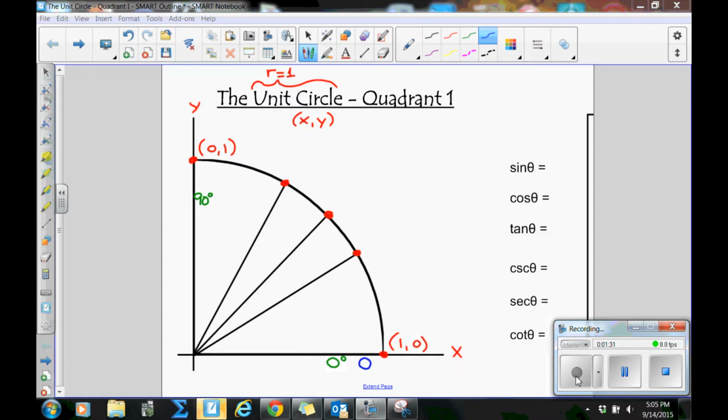A quarter of a circle, now be careful, 90 degrees converted to radians would be pi over 2. A whole entire circle is 2 pi, so a quarter of an entire circle is pi over 2. A second way to come up with that value.